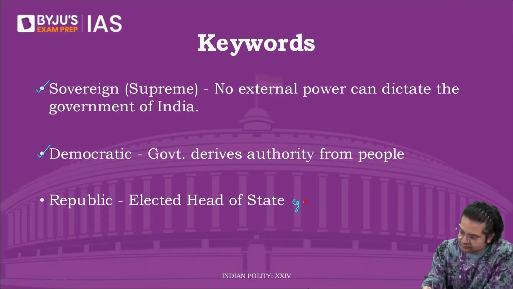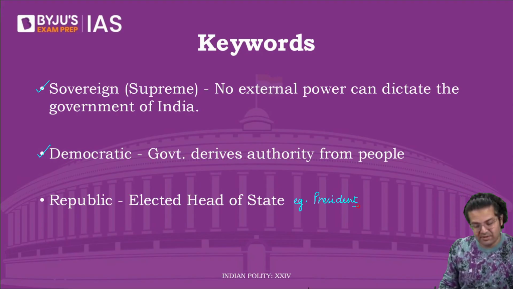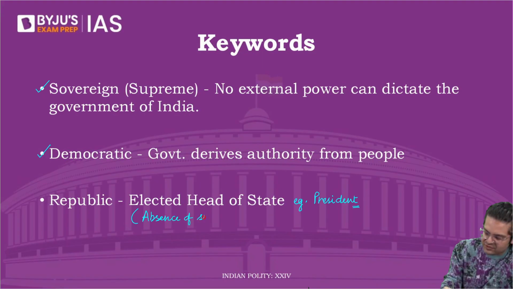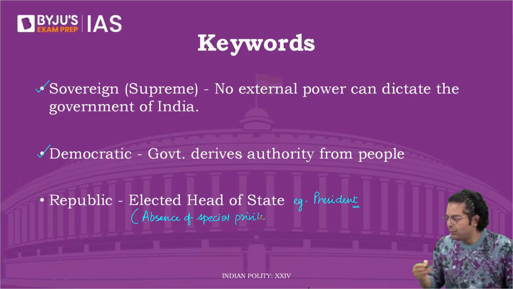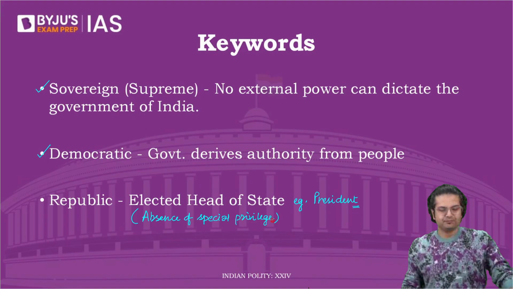Tell me. The President of India. Is he not elected? Indirectly, but elected. Right? That is why we say that in a republic there is absence of any special privilege, because public posts are open to all categories of people.